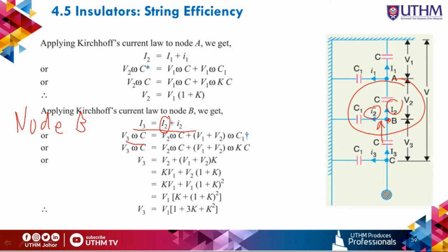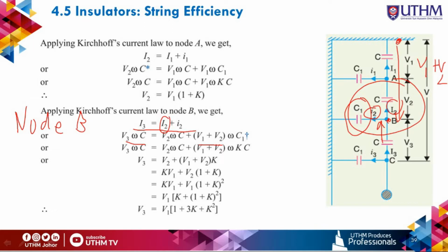For this small I2, we have to consider the potential from this node until node B, which means the voltage is now V1 plus V2. So the voltage for small I2 is V1 plus V2, times omega C1. That one is for the small I2.